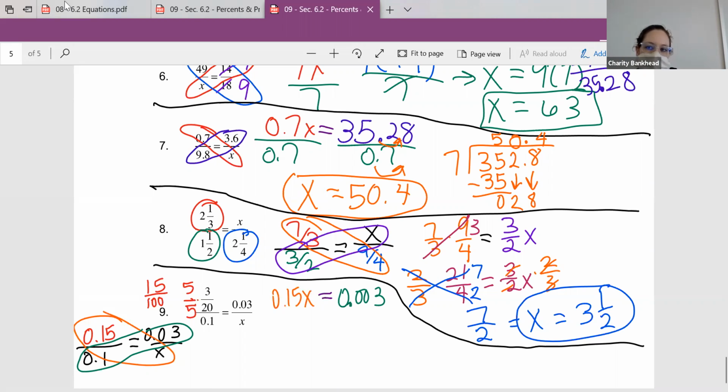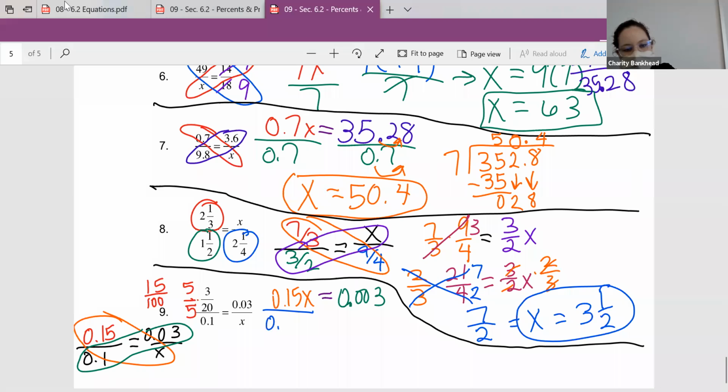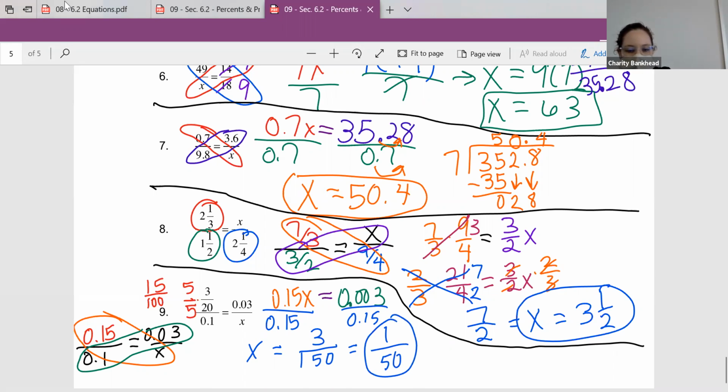Right. And then I'll divide both sides by 0.15. So if we just move both of those decimal places 3 times to the right, we would have 3/150. And we could reduce that by 3s. 3 would go into 150 50 times. So our final answer would be 1/50.